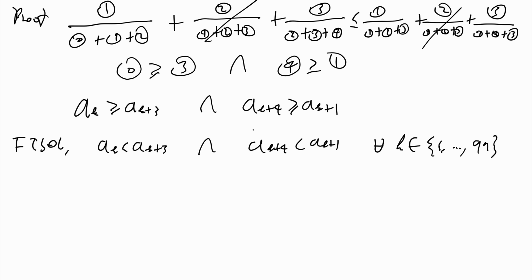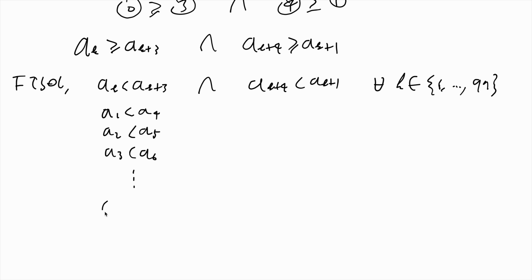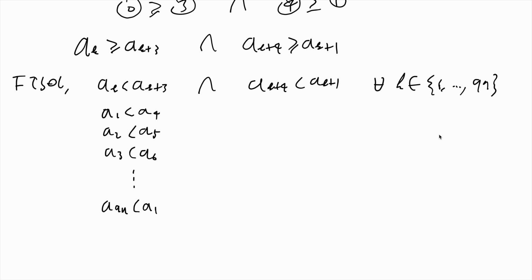Let's prove that. Starting with k equals 1, it tells us that this is true, a sub 5, 6, until 97. A sub 7 less than a sub 1. But notice that we don't have to look at the next one because we already disproved it from here. So this must be true for all k here. Oh no, sorry, never mind. Let's use this one.